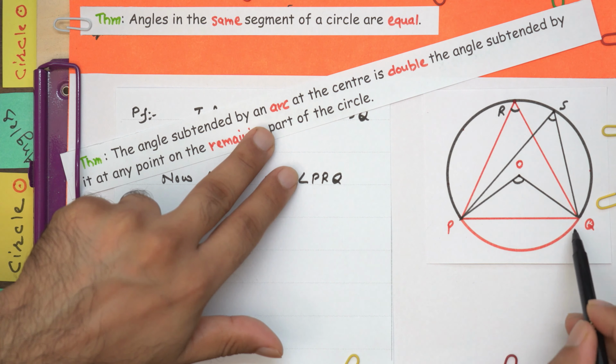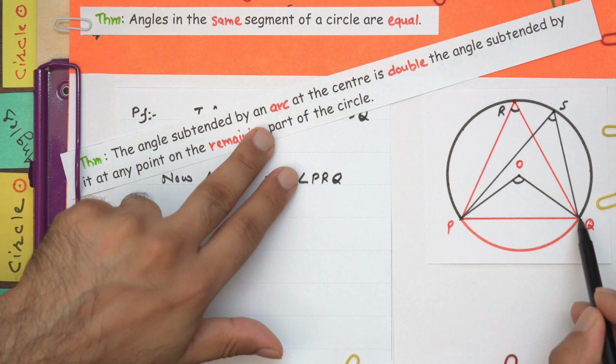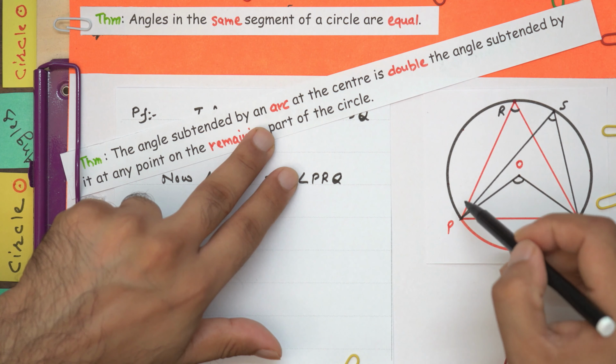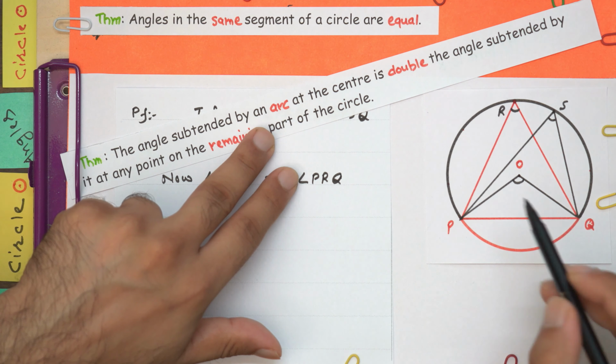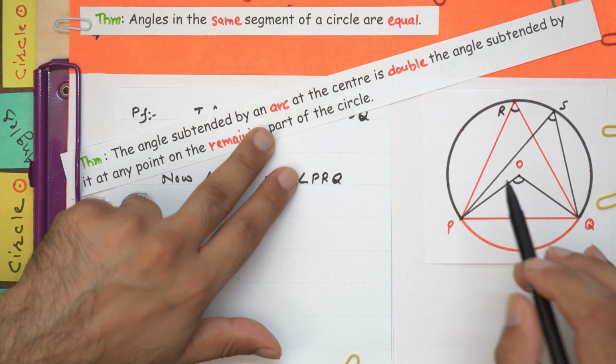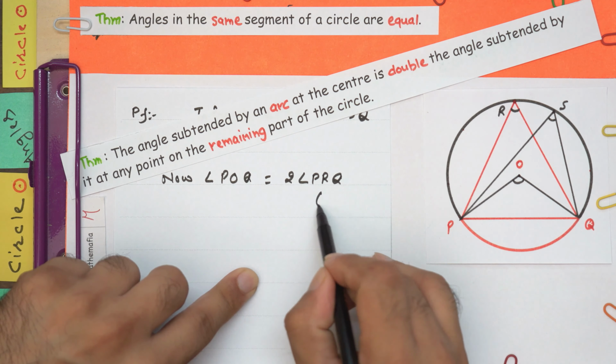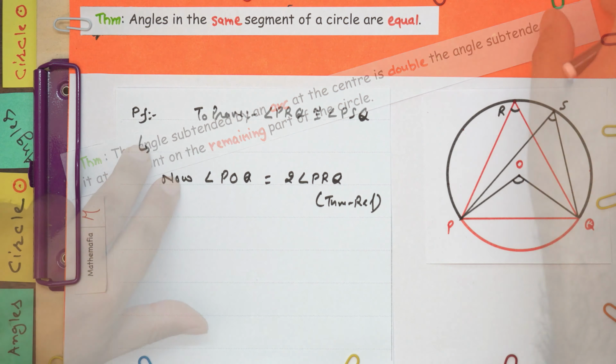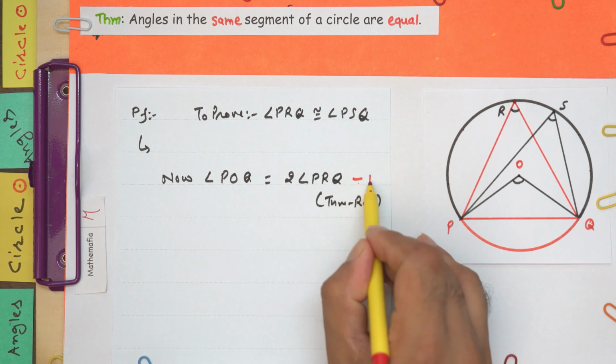So any arc will make an angle at the center which is double the angle it makes on the circle. I mean on the remaining part of the circle. If you want to see the proof of this theorem, then I have given the link in the top right corner of this video. Now let's call this equation as equation number 1.